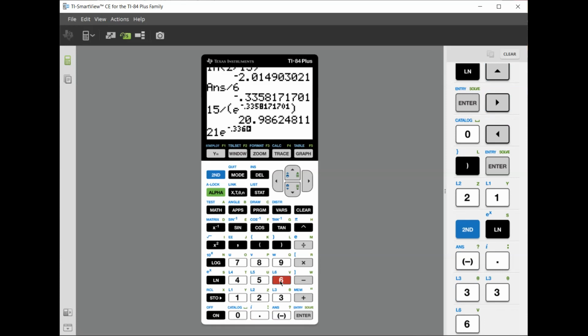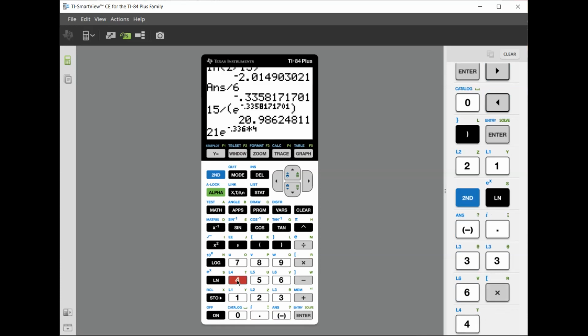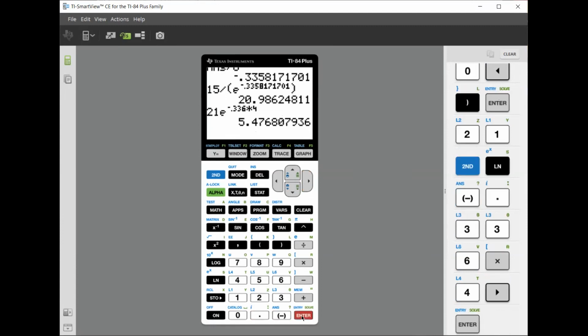And I want the concentration after 4 hours, so I'm going to put a 4 there. And if I do that, then I just end up with that.